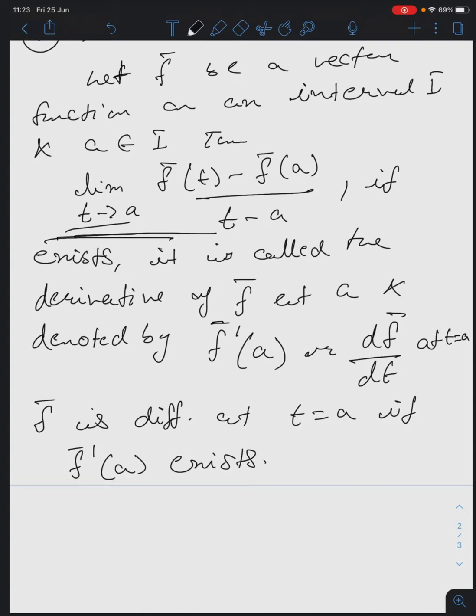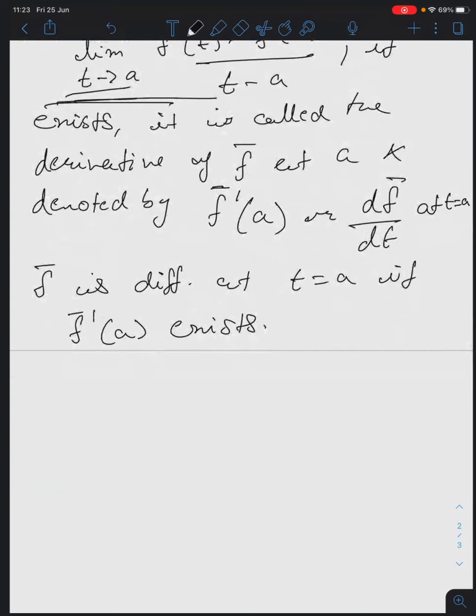If this limit exists, then we say that F bar is differentiable at that point a. Similarly you can define higher order derivatives also.